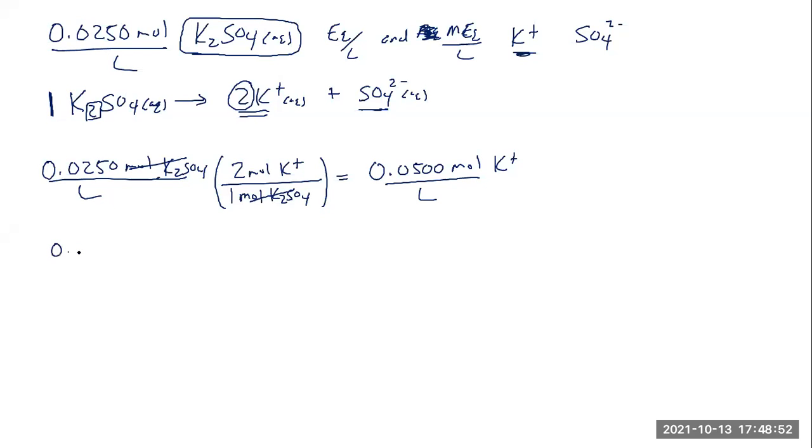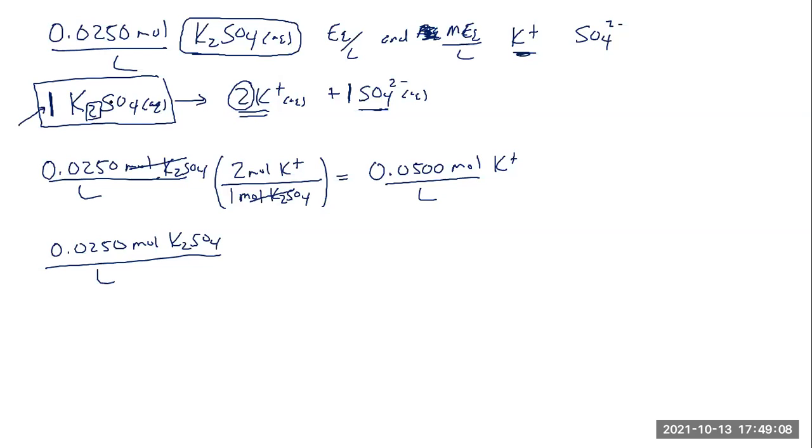So 0.0250 moles of the entire thing per liter. From the way it breaks apart, we can see for every 1 mole of the entire thing, we produce 1 mole of just the sulfate. We use that as our conversion factor here.